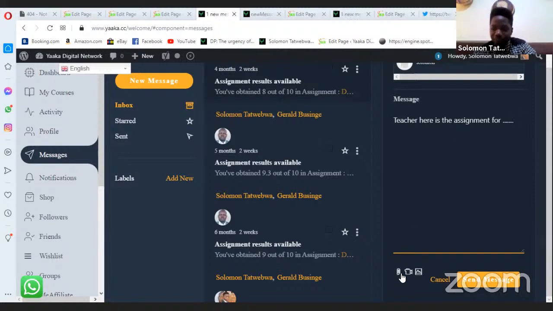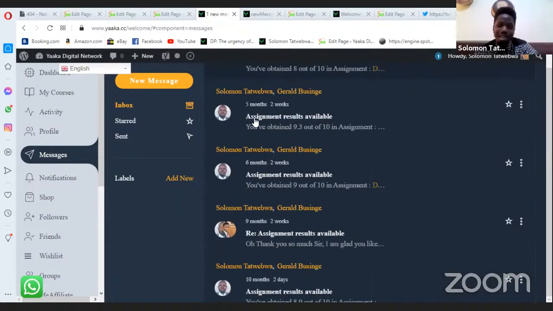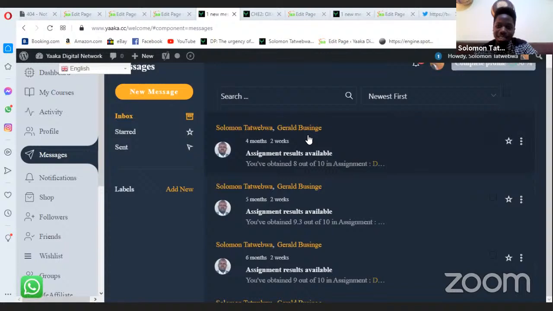If you have a picture, you can attach a picture. If you made a video, you can attach a video. If you made any other form, or maybe a PowerPoint, a PDF, a Word document, just go to this pin here. Do you see it? You press on it, it will take you to where you stored your assignment. Then you can attach it.